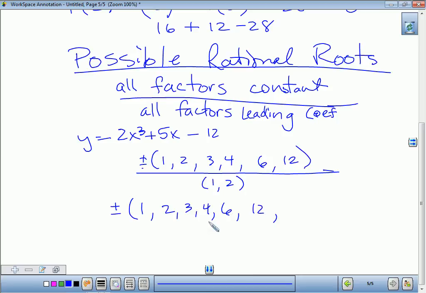But dividing by 2 does. 1 divided by 2 is 1/2. 2 divided by 2 is 1, already listed. 3 divided by 2 is 3/2. 4 divided by 2 is 2, already listed. 6 divided by 2 is 3, already listed. 12 divided by 2 is 6, already listed. So that's all the possible rational roots. So you do all your factors of your constant divided by all the factors of the leading coefficient.